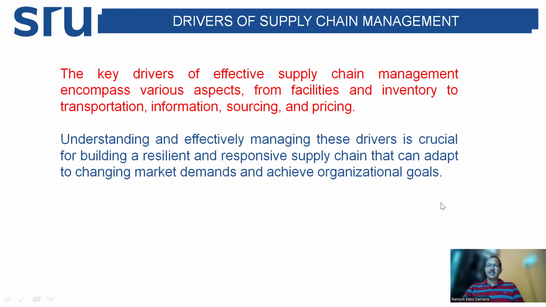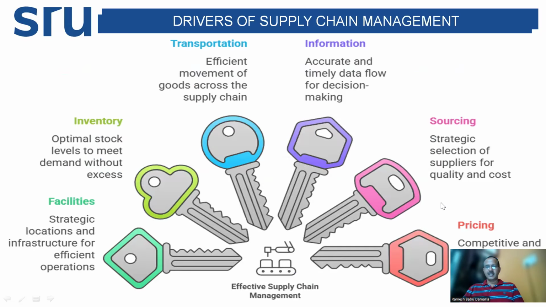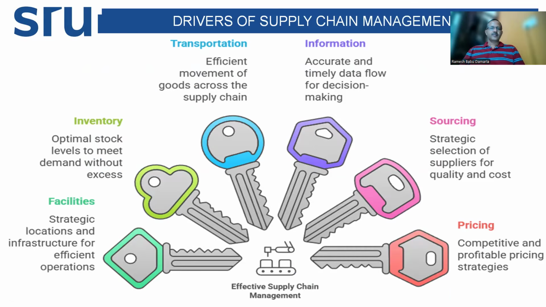Now let us see the drivers of supply chain in detail. From this diagram, you can see from the left side, the first one is facilities. Every company, especially manufacturing companies, will have manufacturing plants, warehouses, retail outlets, transportation infrastructure located. All these are infrastructure for efficient operations.